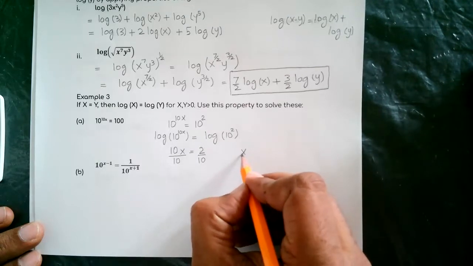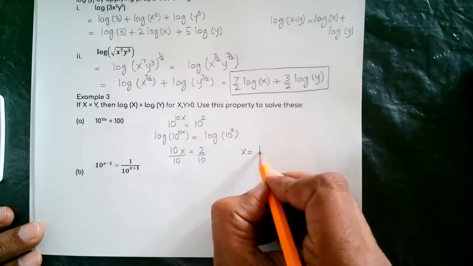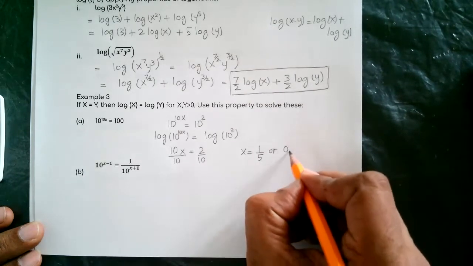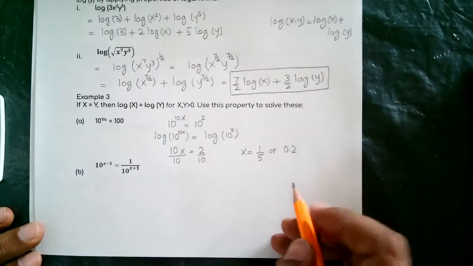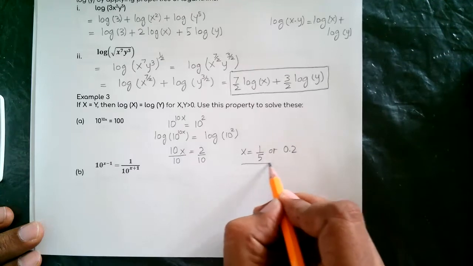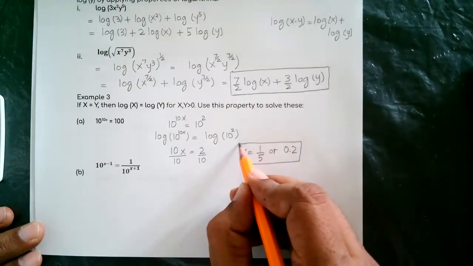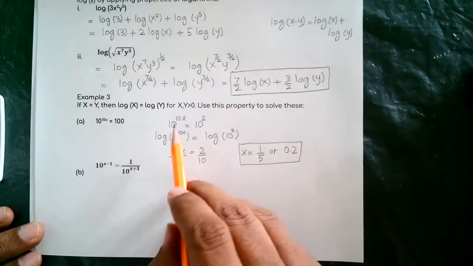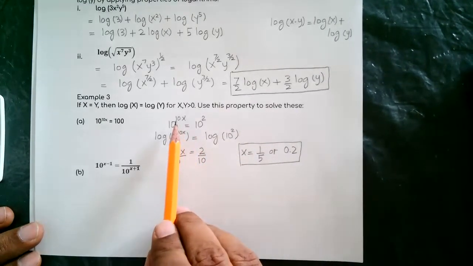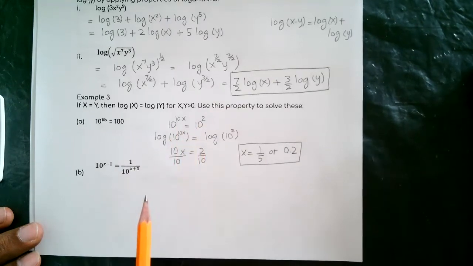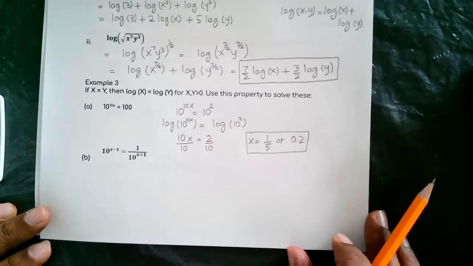So I will have x is equal to 1 over 5, or I can also write this as 0.2. Now to check if you did it correctly or not, all you need to do is input this value into your original function. So 10 times 0.2 is 2. So that's the same. Your answer is correct.